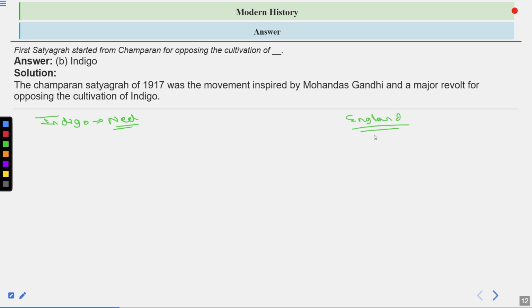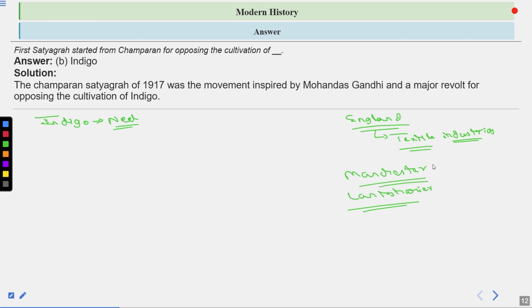After the second round of the industrial revolution, England had developed a significant portion in the textile industries. And the famous areas were Manchester, Lancashire, and other areas.